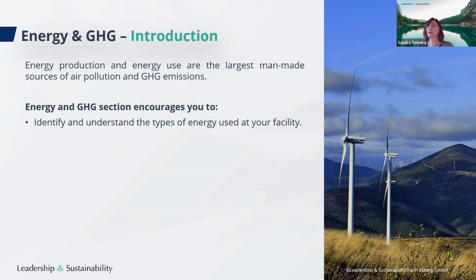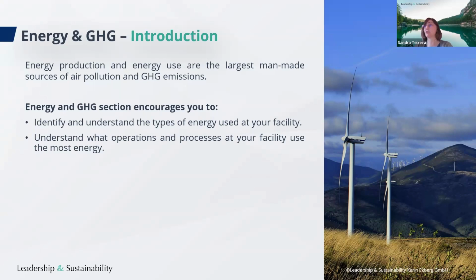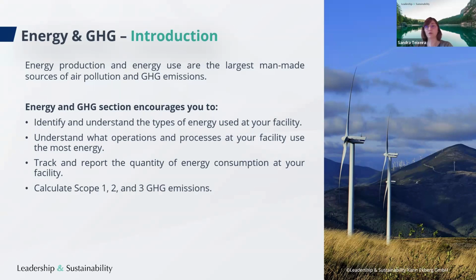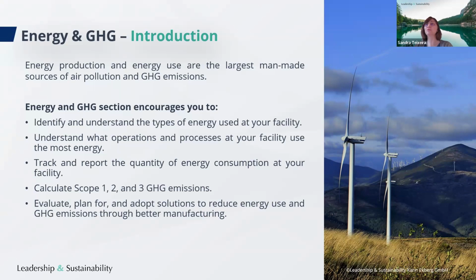So this section, energy and greenhouse gas emissions, encourages you to identify and understand which types of energy you are using at your facility, to understand what operations and processes at your facility use the most energy, to track and report the quality of energy consumption at your facility, and to calculate scope 1, 2, and scope 3 greenhouse gas emissions. Also to evaluate, plan and adopt solutions to reduce energy and greenhouse gas emissions through better manufacturing processes.